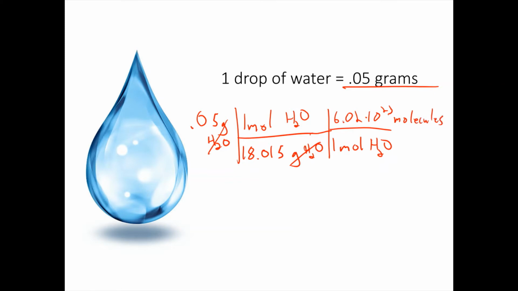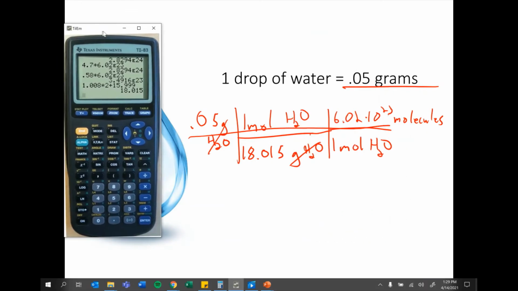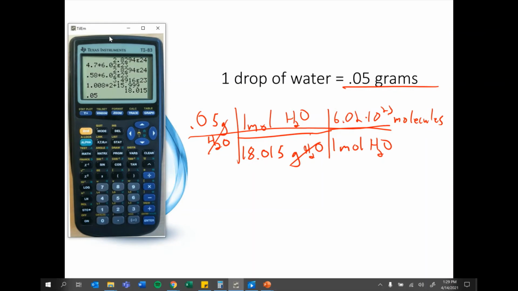How would I put this into the calculator? I would multiply these top numbers and then I would divide by each of the bottom numbers. Let me show you. I would do 0.05 times 1 times 6.02 EE 23 divided by 18.015 and then divided by 1 again.